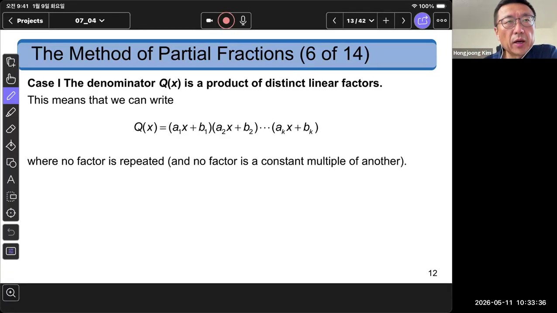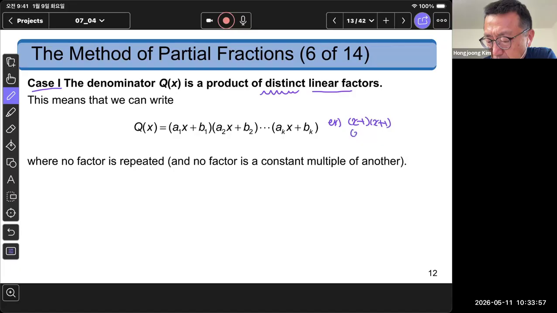First, case one: the denominator is a product of distinct linear factors, like x minus 1 times x plus 1, or x minus 1 times x plus 1 times x plus 2, something like this. So, a product of distinct linear factors.